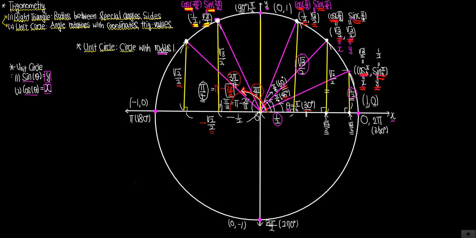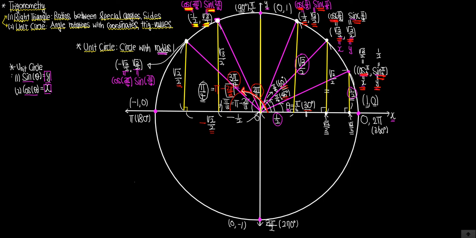So the coordinate for this point here will be negative square root of 2 over 2, comma, positive square root of 2 over 2, where this negative square root of 2 over 2 is our cosine for our central angle, 3 pi over 4, and the square root of 2 over 2 is the sine of our main angle, 3 pi over 4, and this is how we define the angle measurements with the cosine and sine when the angle measurement is 3 pi over 4, 135 degrees.